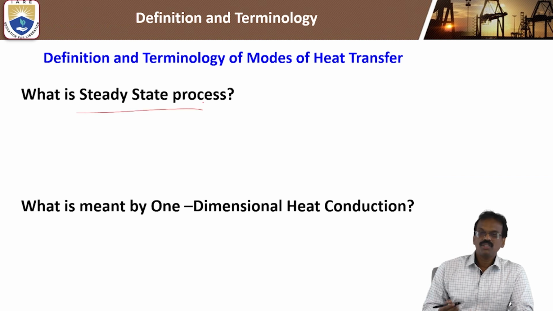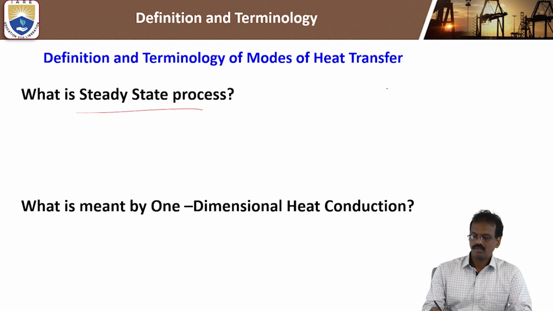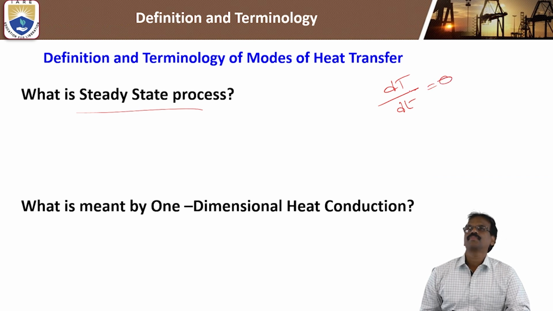Steady state condition means the temperature does not change with respect to time, dT. It means dT by dt is equal to 0. So temperature does not change with respect to time. That is steady state condition.